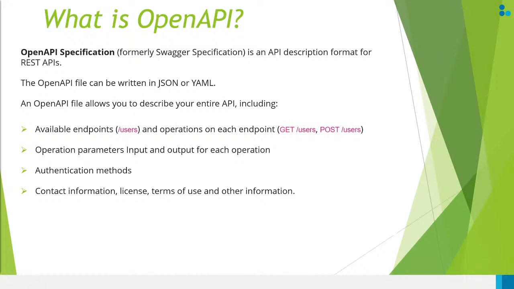Operation parameters, input and output for each operation, which is basically our request and response for each operation that we would like to use in our REST methods. Authentication methods, and also all kinds of information about our services, things like contact information, license, terms of use, etc. So why is it so cool that we use OpenAPI today?